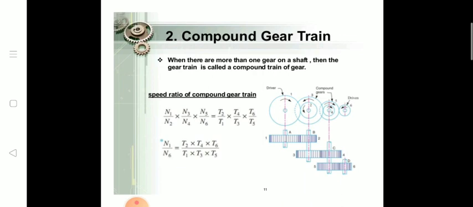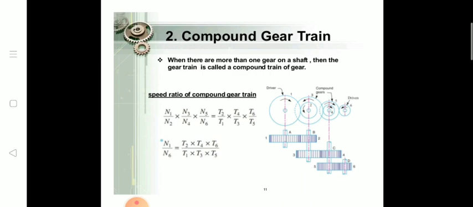Or the definition can be put as: when the axes of the different shafts on which the different gears are mounted are parallel but not coincident, then the gear train is called the compound gear train.